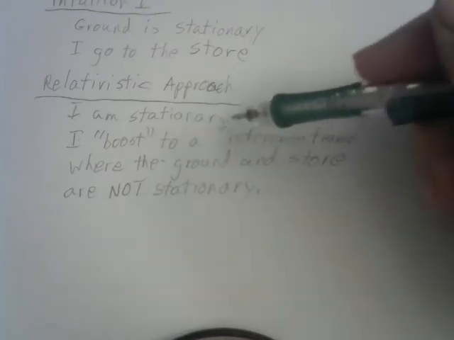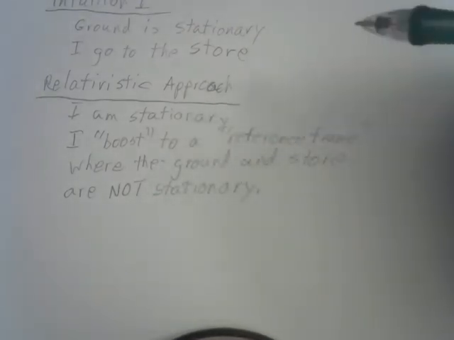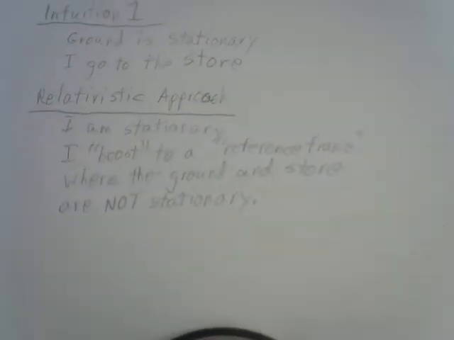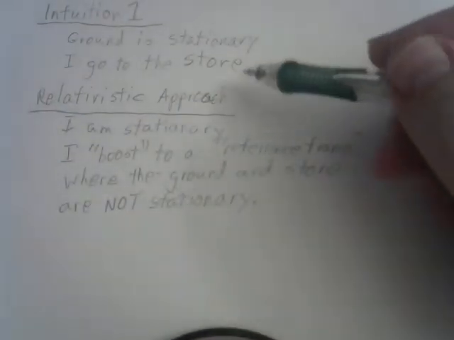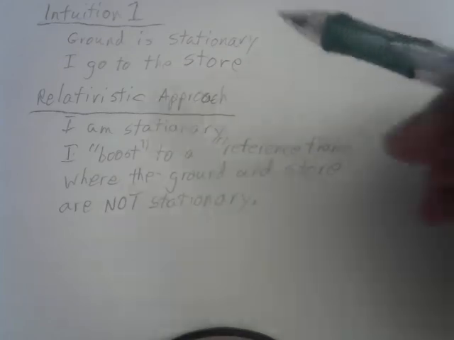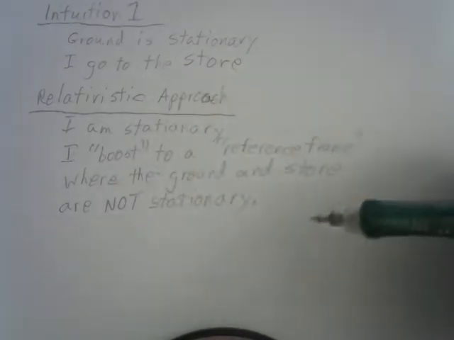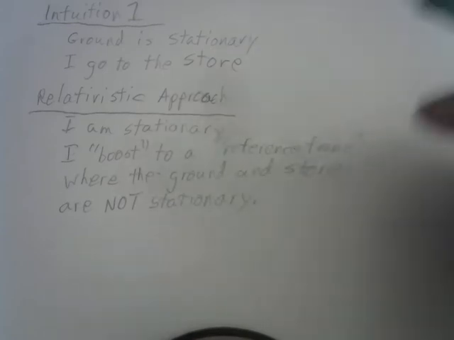The observer is the stationary point, and so when you are going to the store, instead, you're not really going anywhere. What you're doing is boosting yourself to a reference frame where the ground and store are not stationary.